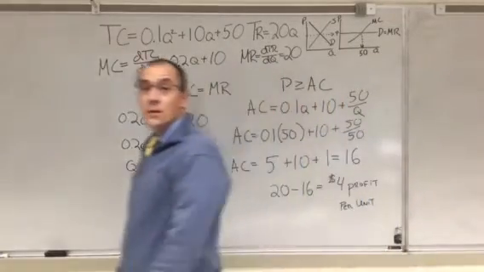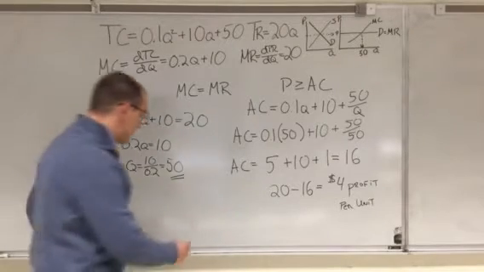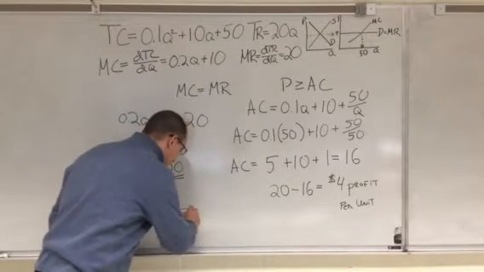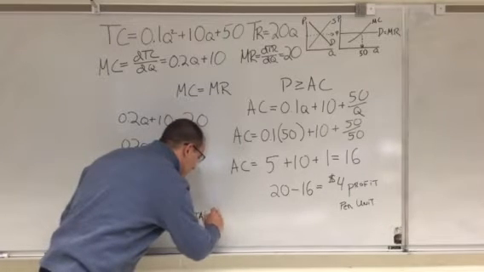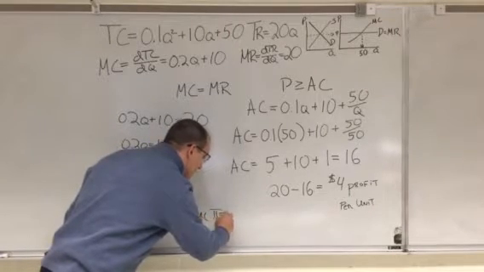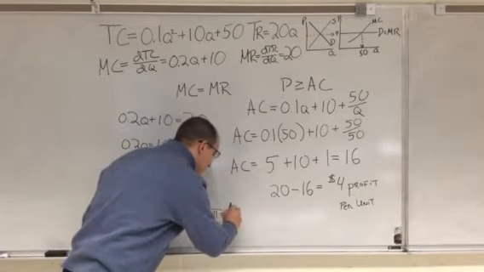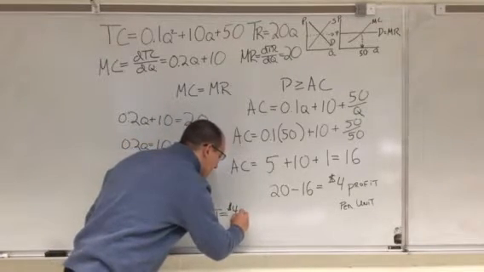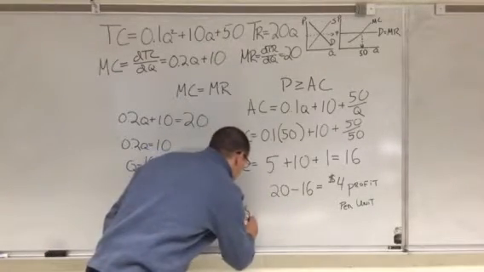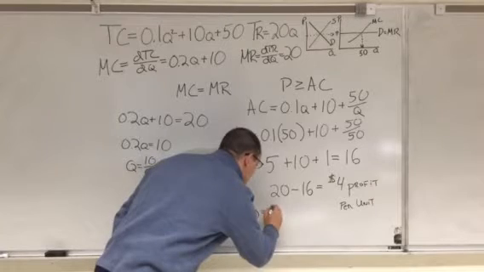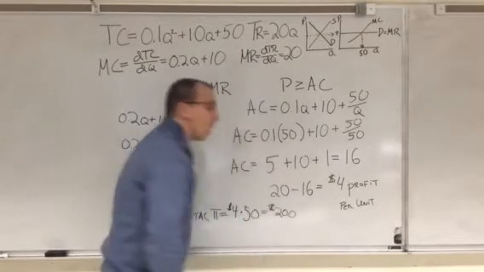So with $4 of profit per unit, I can actually figure out my total profit, which is quite simply my $4 times my number of units, 50, which gives me a total profit of 200.